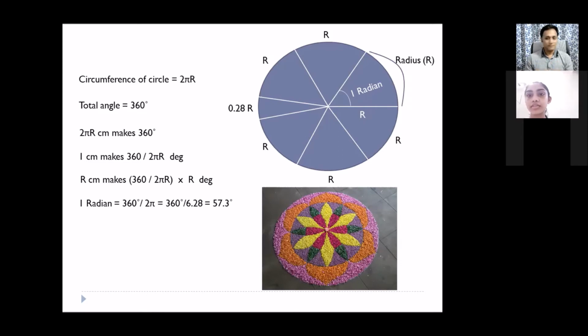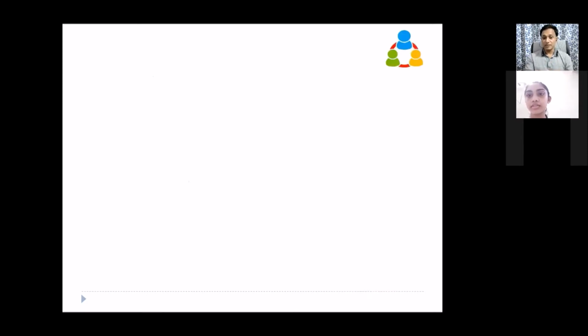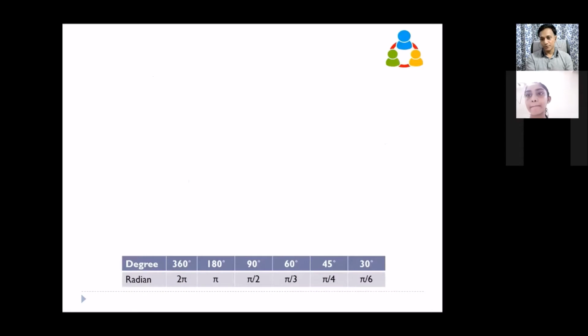Half pi, pi by 2. So that is the notation which you will normally use, especially in trigonometry, for telling sine 90, sine 60 and all those things. This is the notation you will use. You will use it in radians. There are reasons for that.